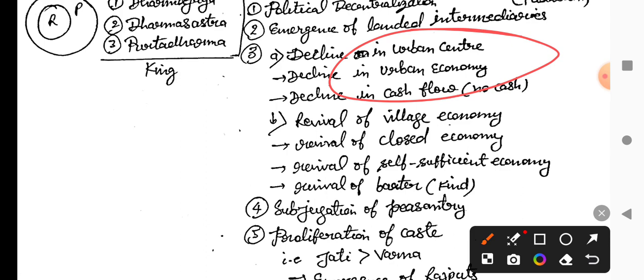We have seen that the guilds during the Gupta period were moving, or transmigrating, from urban centers to the rural areas. So the rural economy was also evolving and urban centers declined, because of the transmigration of the guild system from urban areas to rural areas.